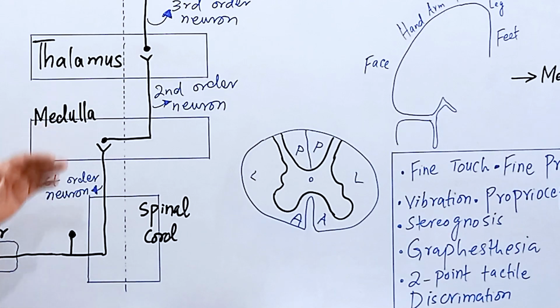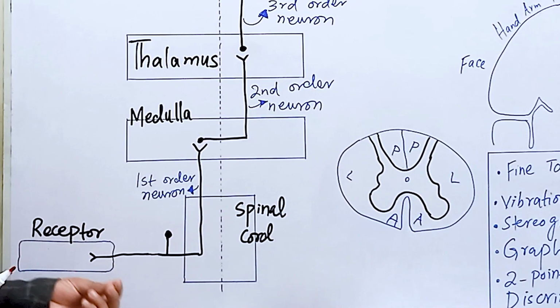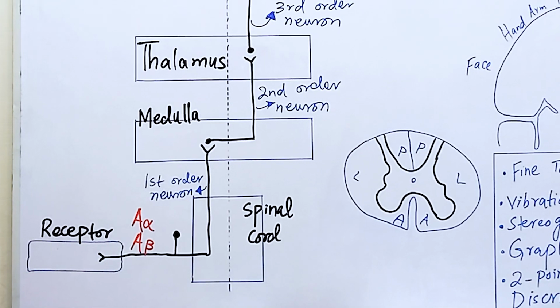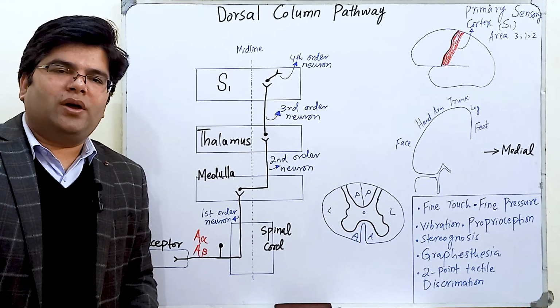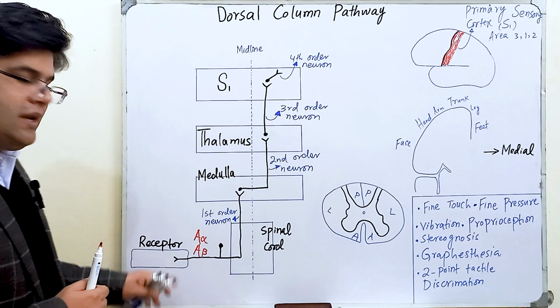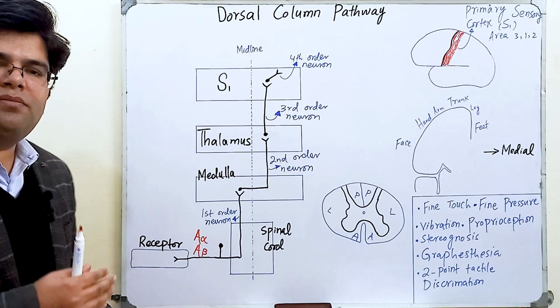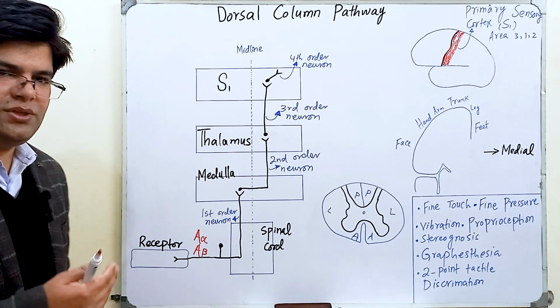So in this dorsal column pathway, let's begin with the receptors. The receptors in this case are the ends of the nerve fibers, and here the first order neurons are either A alpha or A beta nerve fibers, which belong to sensory type 1 and type 2 nerve fibers. So their ends behave as receptors, or they are associated with some specialized receptors.